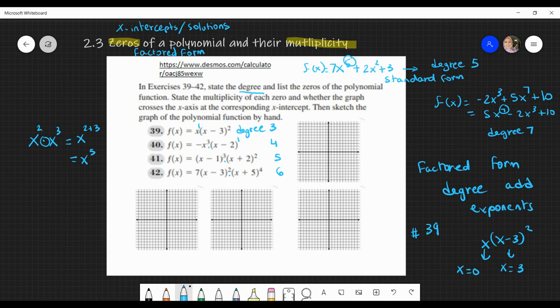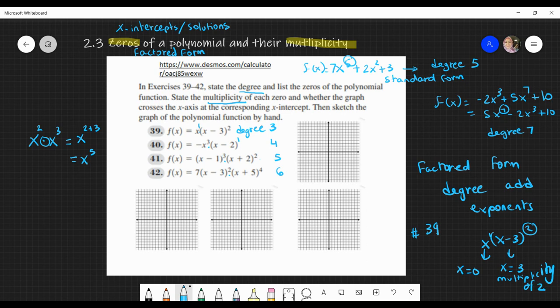When it says state the multiplicity, it simply means multiple. The word multiplicity comes from multiple, which means more than one. Now, this is one time. So one time I have x to the power of 1, but 2 times I have x minus 3, so I would say multiplicity of 2.